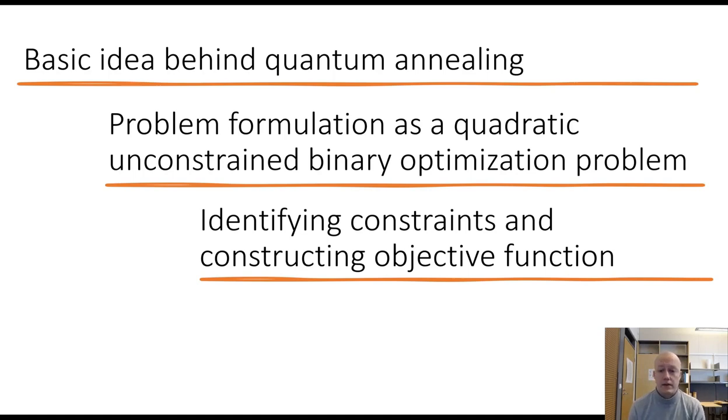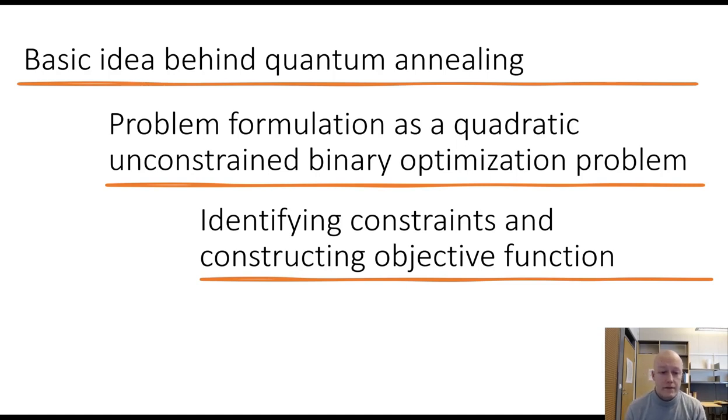Here I want to point out that although I'm saying that the model is unconstrained, and then we are identifying constraints, these constraints are actually different. There is also a quadratic constrained binary optimization model, where the constraints are different from the constraints that we use here.